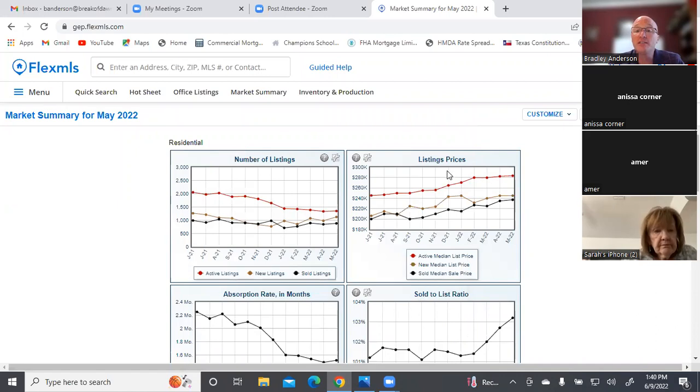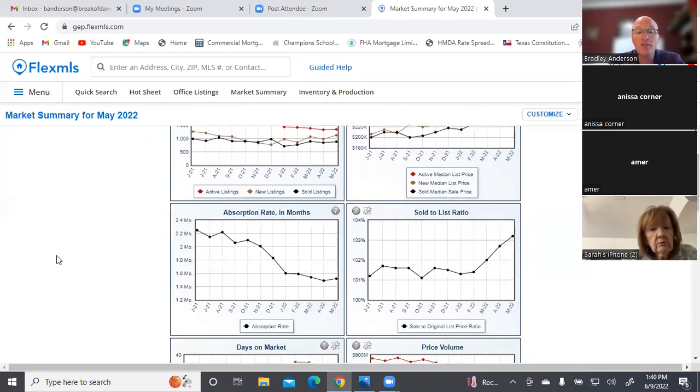So number of listings, listing prices, and you'll see where in this vernacular, they refer to month supply as absorption rate. So this is the number of months of inventory that it was way back in June of 2021, and it's just gone down, right? So all that to say, same information, just different places, okay?